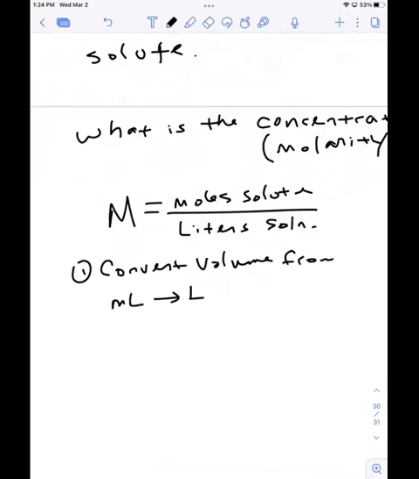What's the conversion from a milliliter to a liter? And is that number going to go up or down? In other words, is the number going to get bigger or smaller when you go from milliliters to liters? Think back to when we were doing conversions. Anybody?